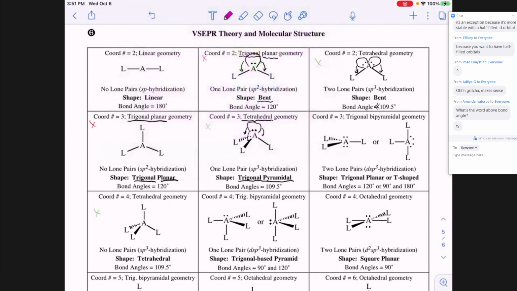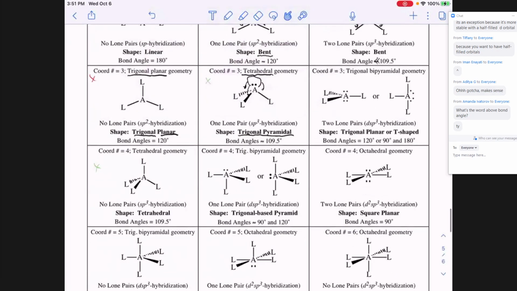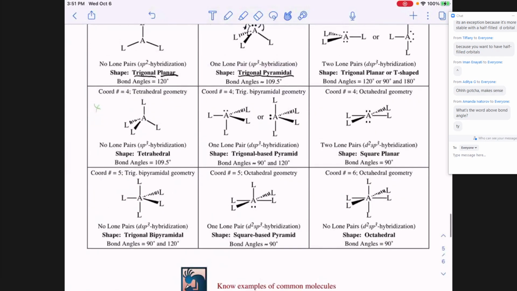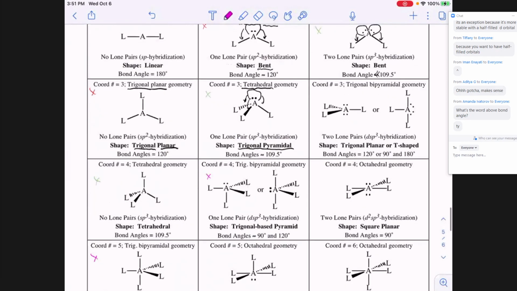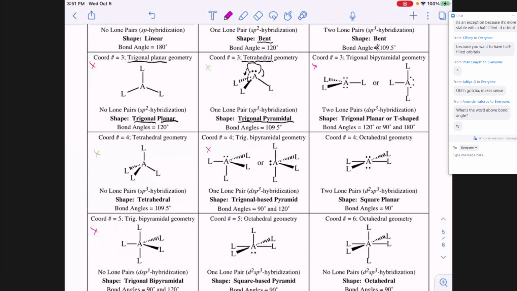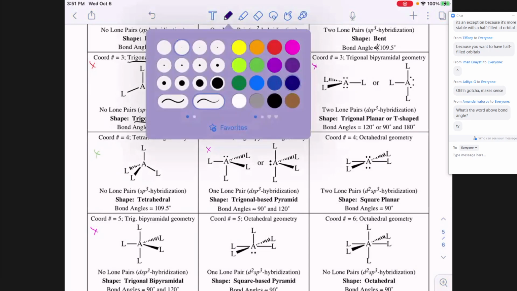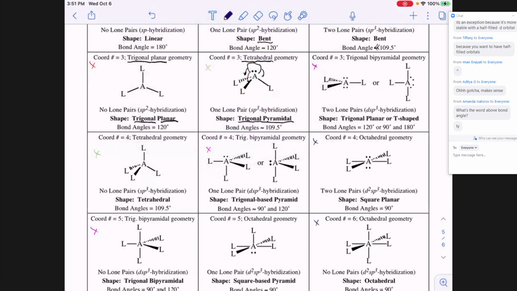These have 5 groups of electrons around them. So the number of ligands, if they're all bonded out, then 1 lone pair, 2 lone pairs as you go up on this diagonal. And the last group, these all have 6 groups of electrons around them, hence why they're the octahedral geometry.